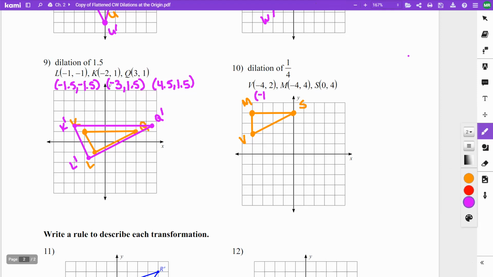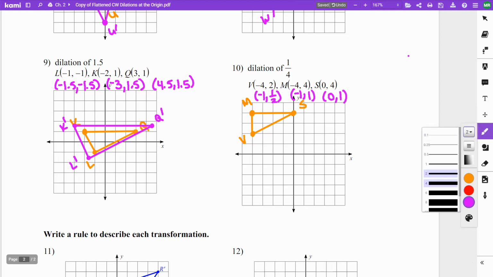So this is going to be negative 1, and then 1/4 of 2 is 2/4, which is 1/2. 1/4 of negative 4 is negative 1. 1/4 of 4 is 1. 1/4 of 0 is 0. 1/4 of 4 is 1. So I'm going to go to negative 1, 0.5.